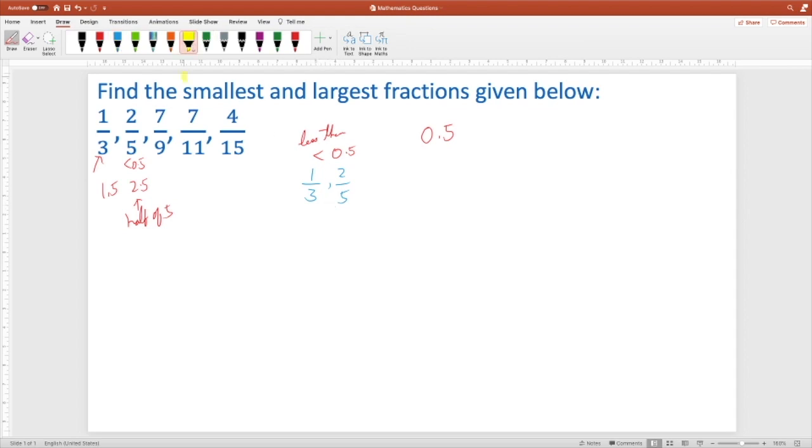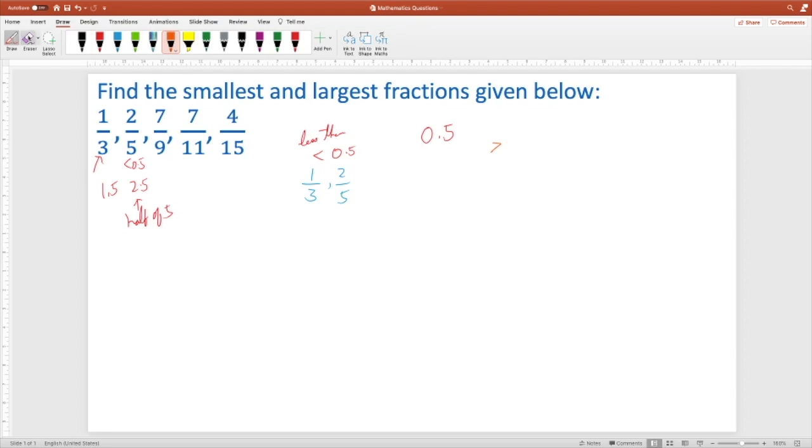Now I'm going to talk about the third one, 7/9. Is this more than or less than? More than 0.5. Yes. Why? Because the half of 9 is 4.5. So 7 is greater than 4.5. So 7/9 is greater than 0.5.